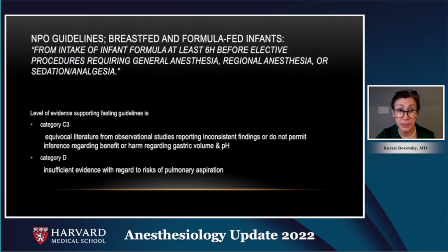Category D is even worse. It's just insufficient evidence with regard to risk of pulmonary aspiration. So we came up with these guidelines, and they worked for us for a long time. The incidence of aspiration is low, but can we do better?